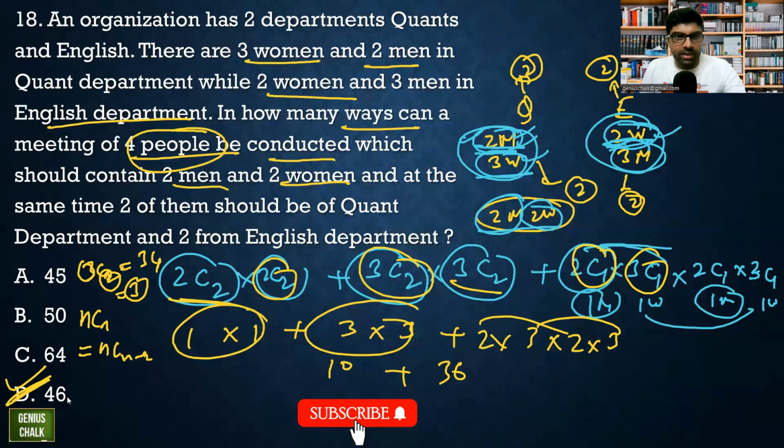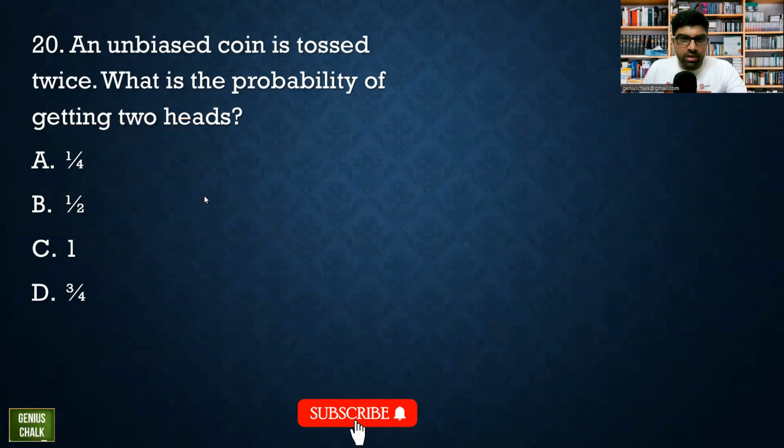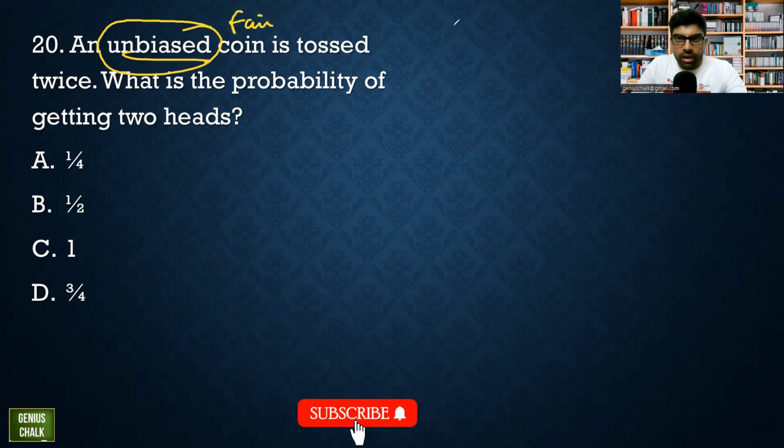A beautiful question. Next one, an unbiased coin is tossed twice. What is the probability of getting 2 heads? You know, unbiased means the coin is fair, where one side is head and another side is tail. So let's write the sample space first. Sample space means the set of all outcomes.